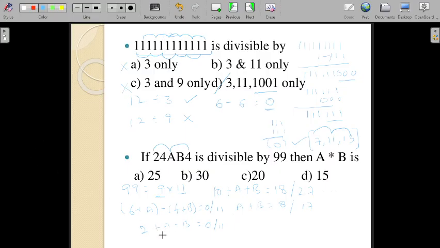So B minus A equals 2, or A minus B equals 9.